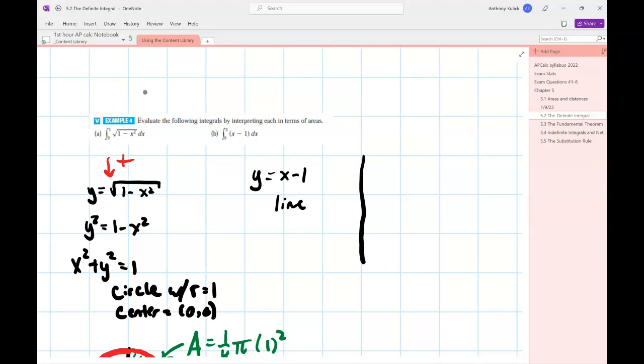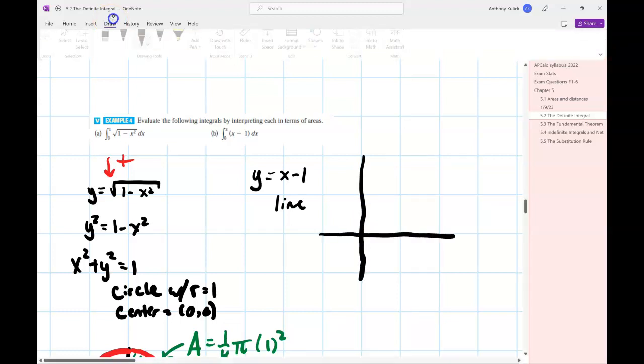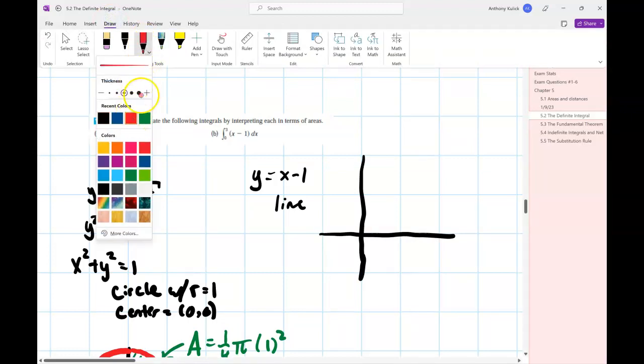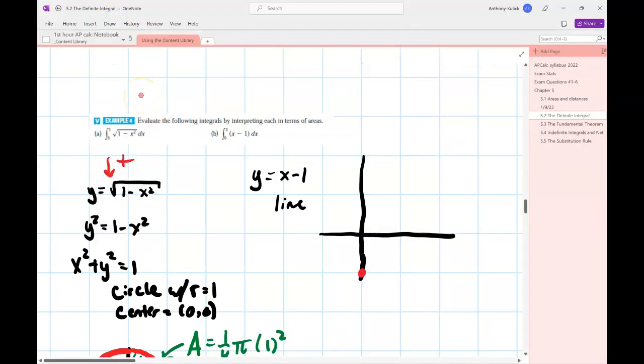So if I look at the graph here, we start at -1 at 0, and then we're just going up 1.